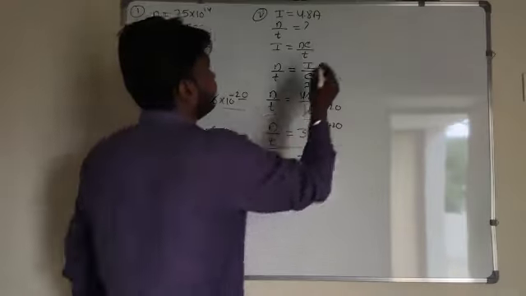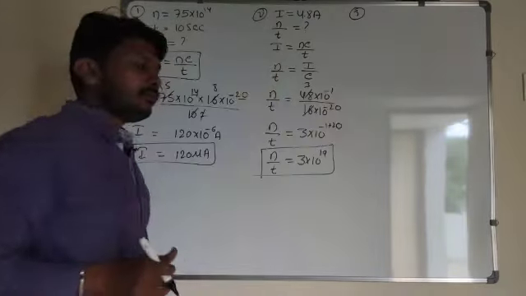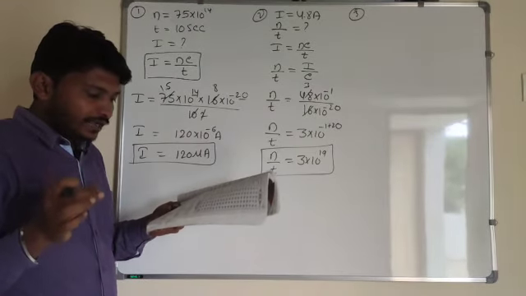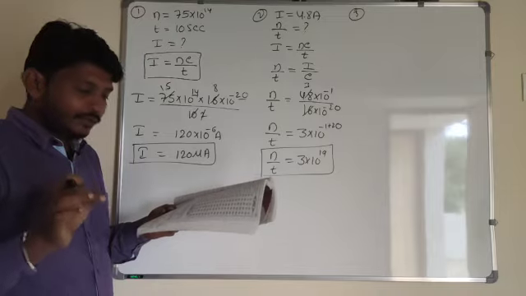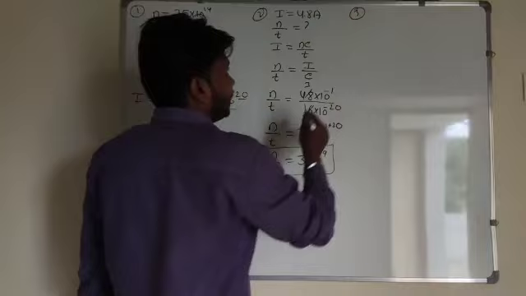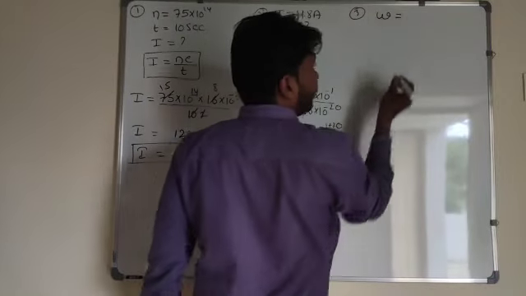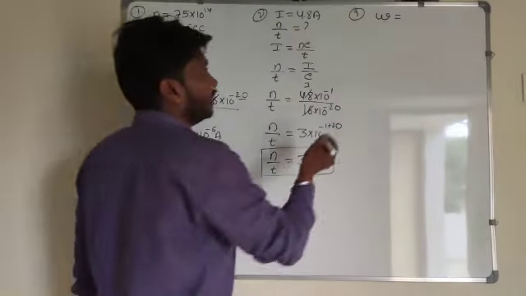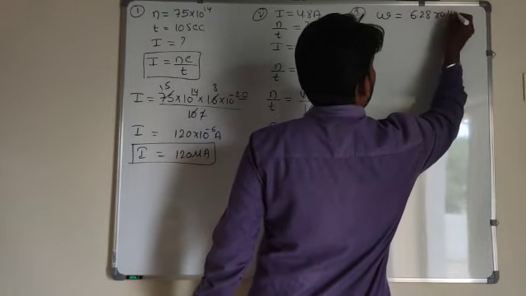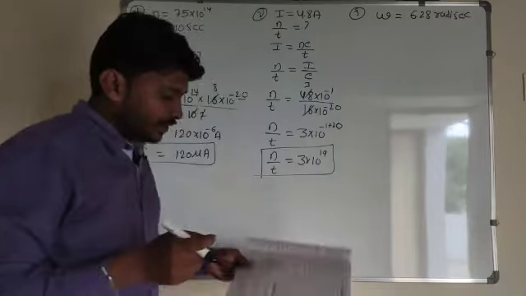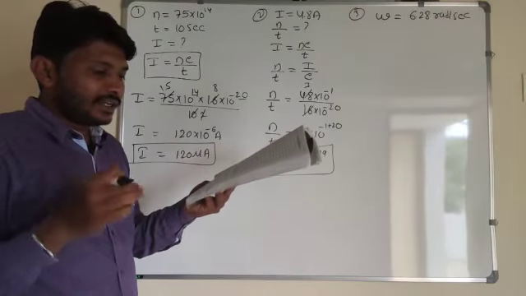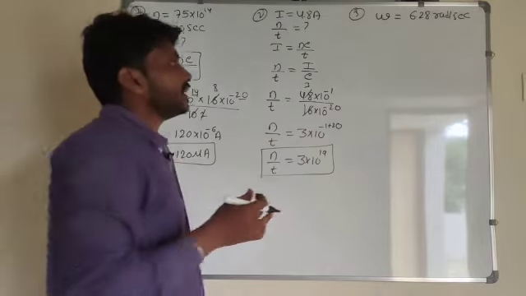We'll read out the next question. In a hydrogen atom, an electron is revolving with an angular frequency of 6.28 radian per second around the nucleus. Which value do they mention here? Angular frequency, which is nothing but omega, 6.28 radian per second. Then the equivalent electric current is in terms of 10 to the power of minus 19 amp.